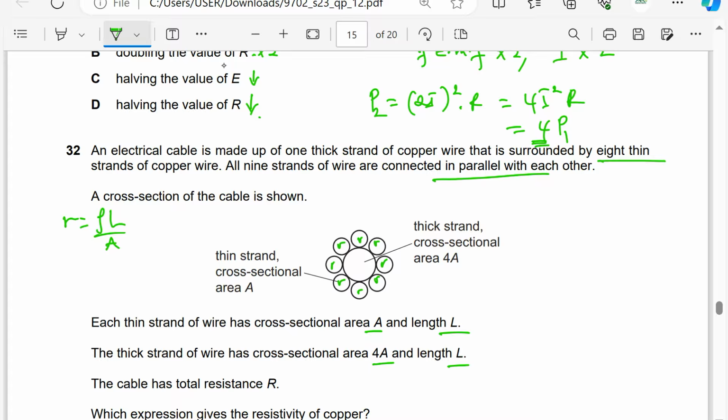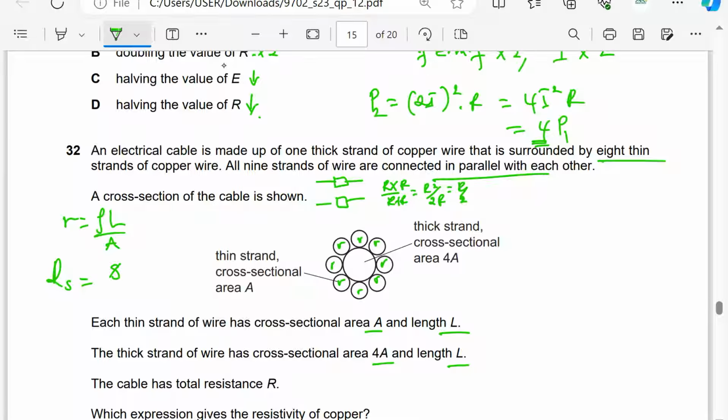So total resistance for all the strands is going to be, because if I have two resistors in parallel, total resistance is going to be r times r divided by r plus r, which is r squared divided by 2r, which becomes r divided by 2.